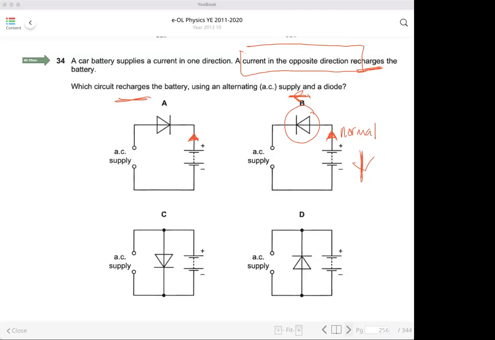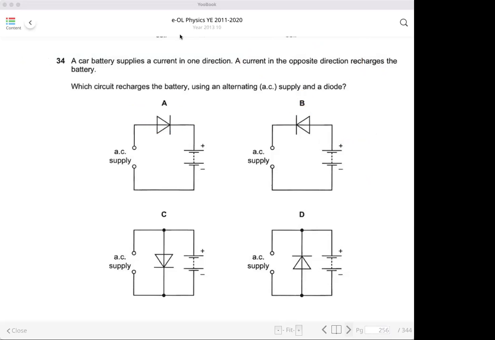Okay, well done, Bei Guan. So the answer for this will be A. Is that clear? Okay, let's continue for the next question.